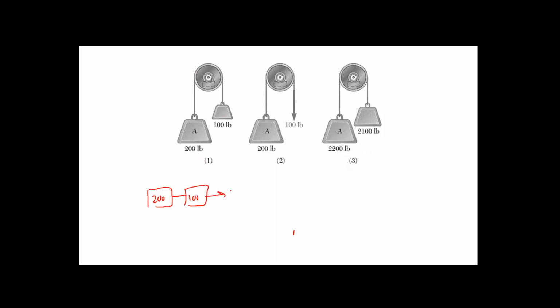This would be 100 and this would be 200. Okay, so that would be pounds. Then you have to remember the mass there is going to be 200 over 32.2, and the mass there is going to be 100 over 32.2, because mass is equal to the weight over g.